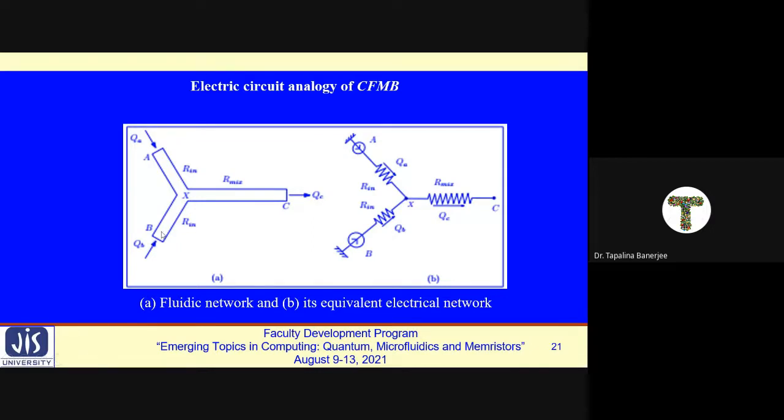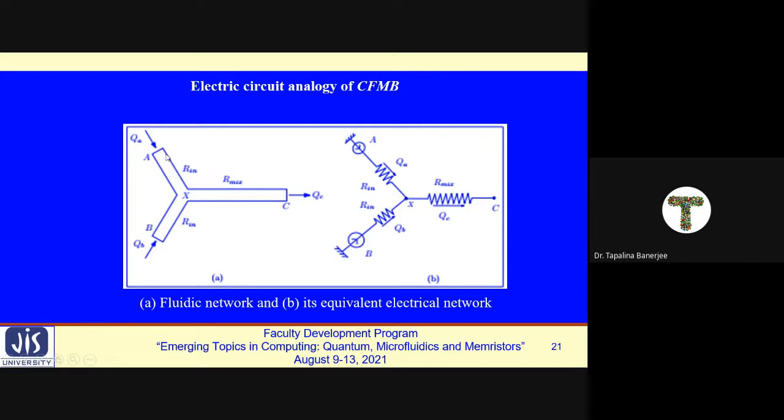Now, fluids meet at junction X and flow towards sink outlet C. This is the sink outlet C, and the volumetric flow rate at the outlet is QC.